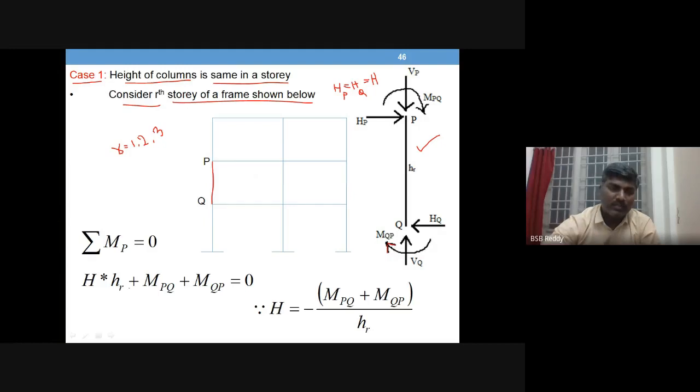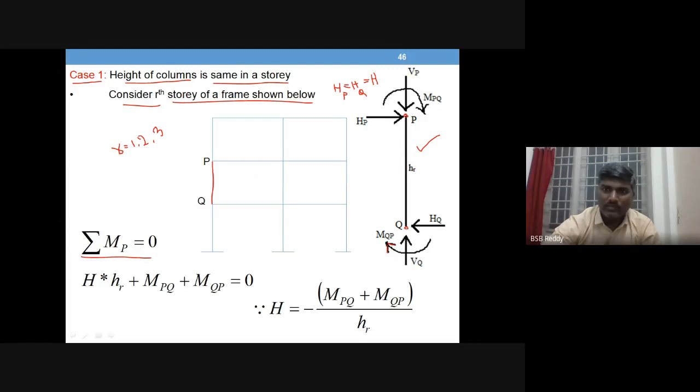Now take moments about the end P and make it equal to 0. So if you take moments about this point P, VP, the vertical reaction, passes through this point, so moment is 0, and VQ also passes through this point P, so moment from VQ is also 0.